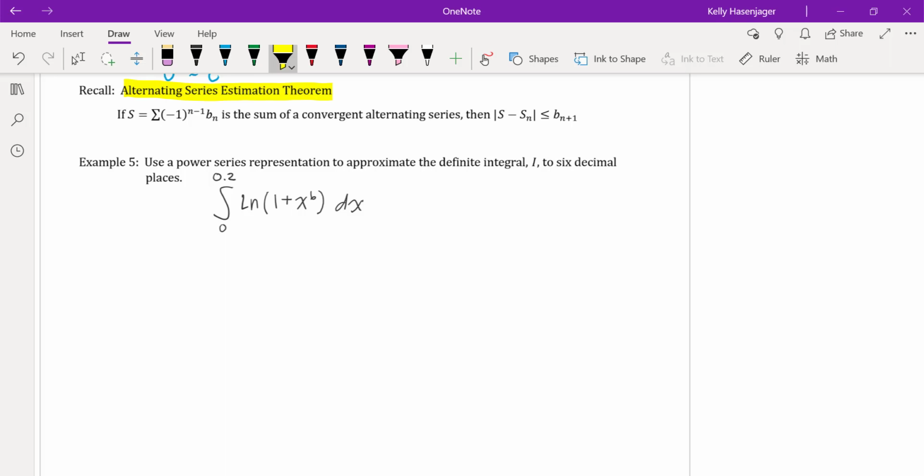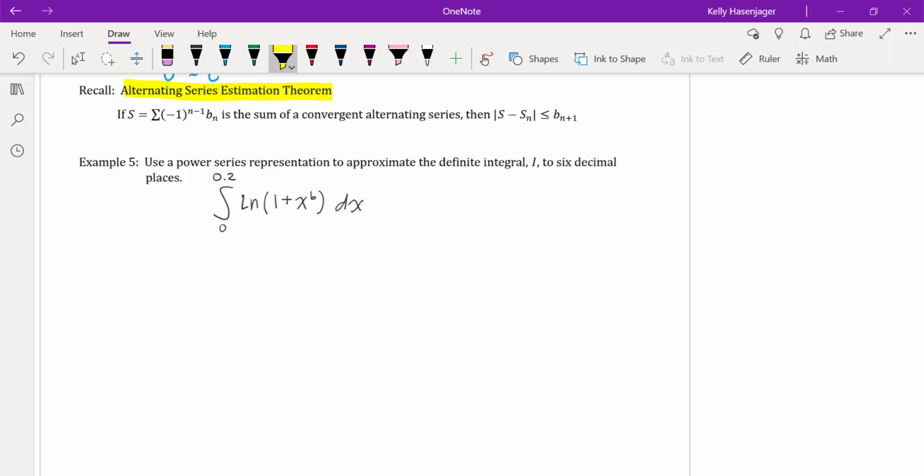So it might only take 10 terms or 2 terms or 5 terms before we're really close to the sum of all infinitely many terms. So this theorem gives us a way to estimate an alternating series within a specific error range.